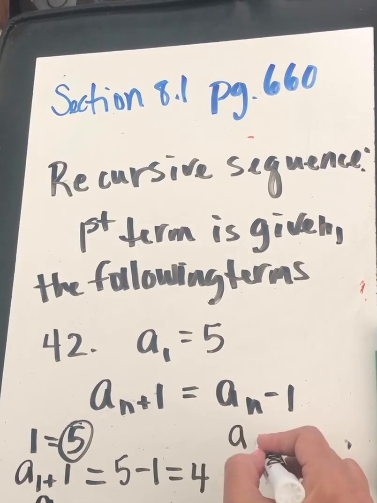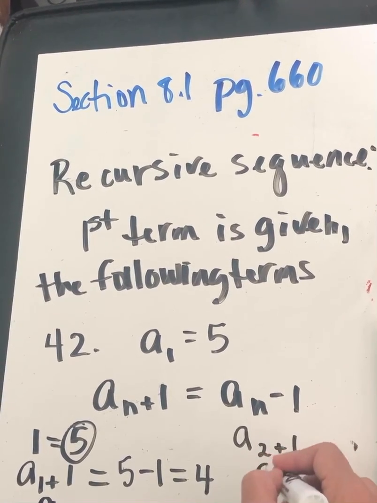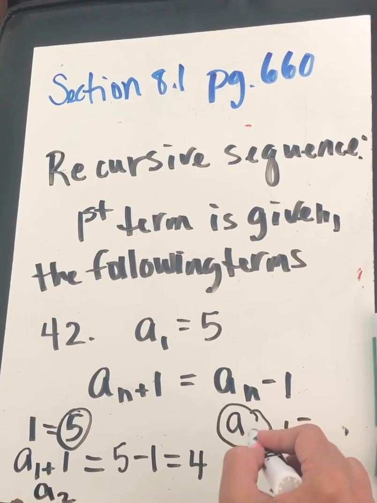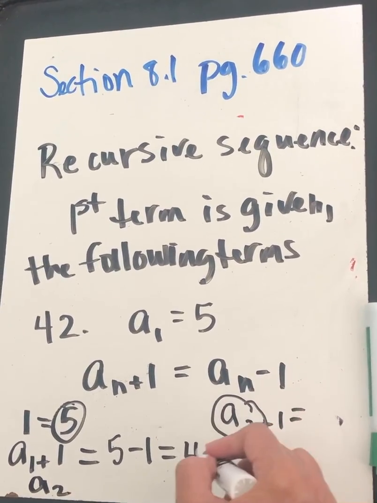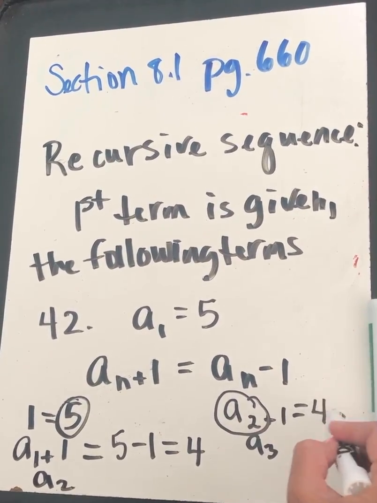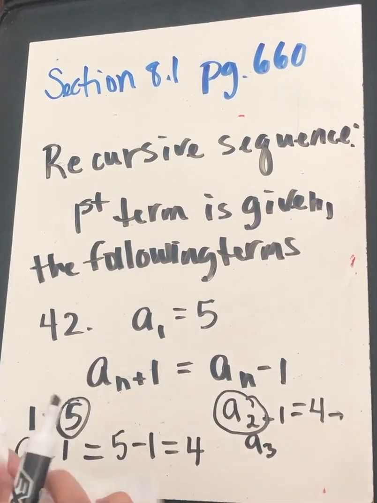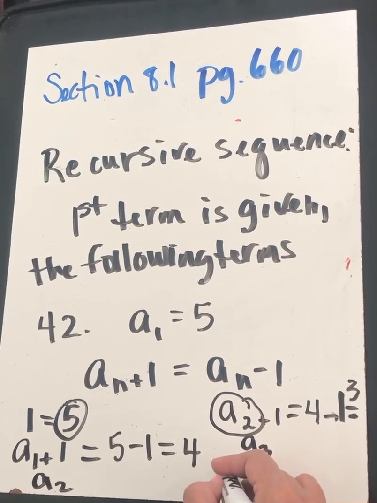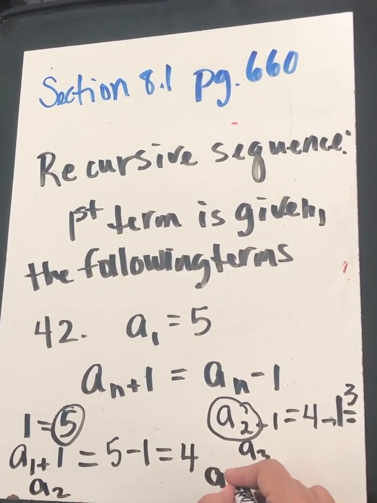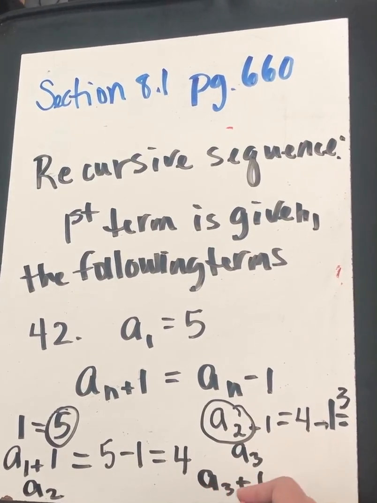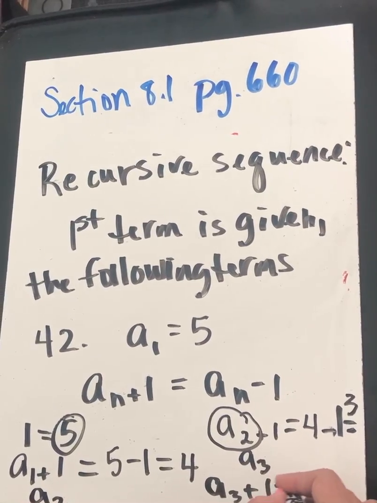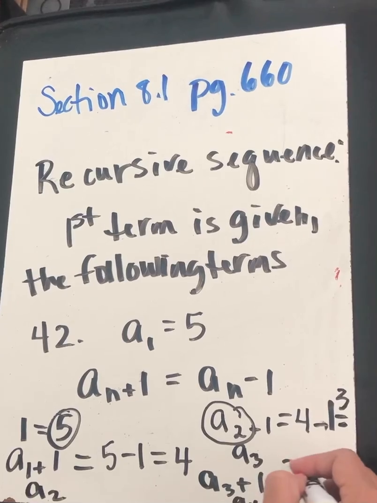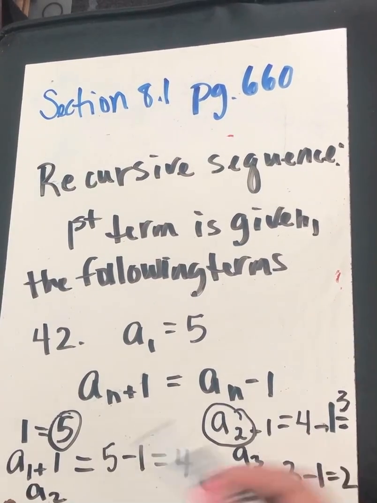A subscript 2 plus 1, or basically the third term, is going to be the term right before it, or a subscript 2, which is 4 minus 1, which would equal 3. The next term, or a subscript 3 plus 1, or basically a subscript 4, would equal the previous term, a subscript 3, which is 3 minus 1, which would equal 2.